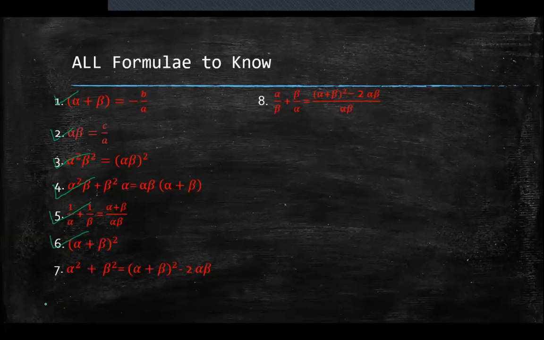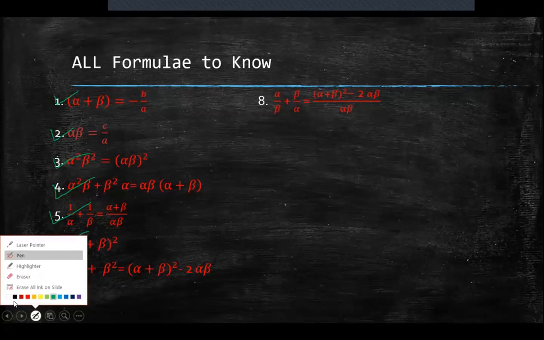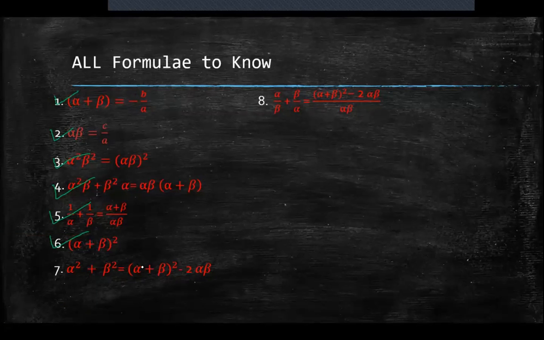We finished 6. Number 7. For people who were here on Tuesday, you heard me say not to mix up 6 and 7. Mixing up these two is a very common mistake.